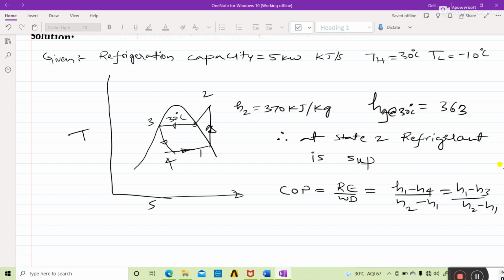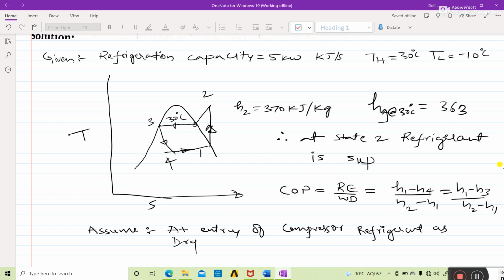Now for H1, this is a very important assumption which we will make: at entry of the compressor, the refrigerant is dry saturated.